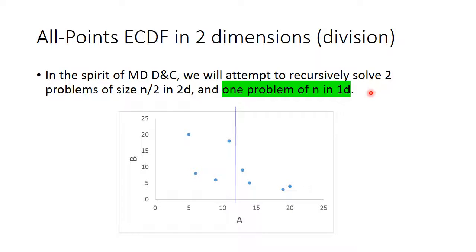So let's revisit how multidimensional divide and conquer is proposed to work. We want to recursively solve two problems of half the size in the same space, and one problem of the original size in one less dimension. Now, the reason that I've highlighted this green here is because if you recall, we've actually already solved the one-dimensional ECDF all points problem.